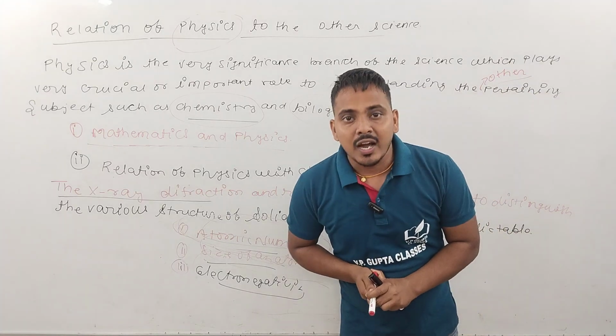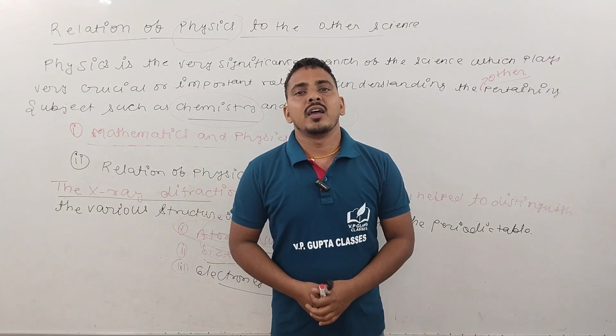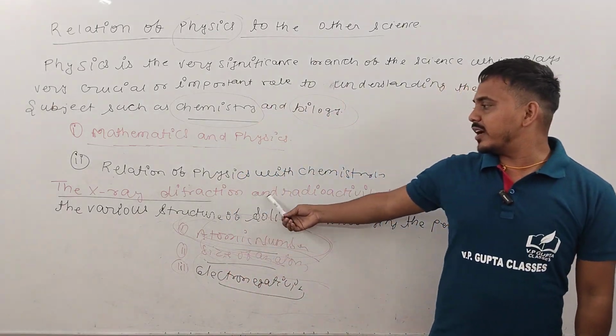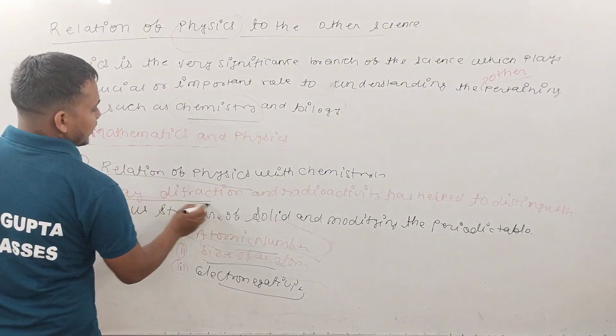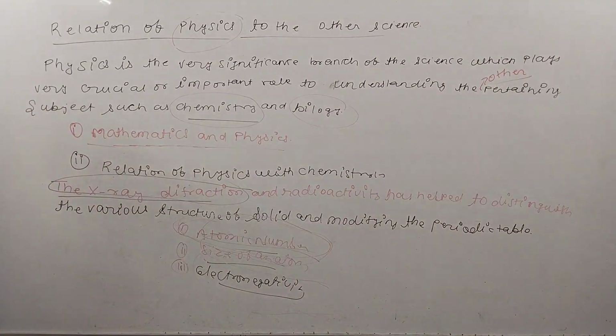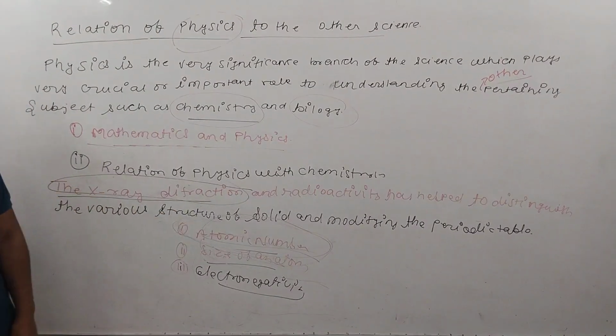So how can we observe atomic numbers? With the help of X-ray diffraction. It is discussed in chemistry and physics in class 12, what X-ray diffraction and radioactivity are.